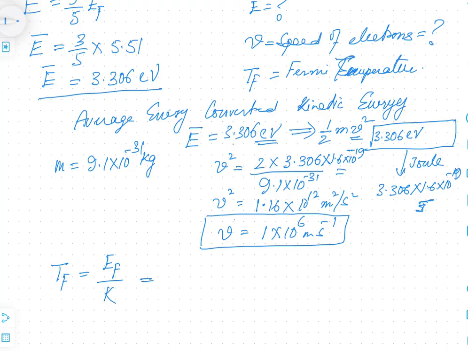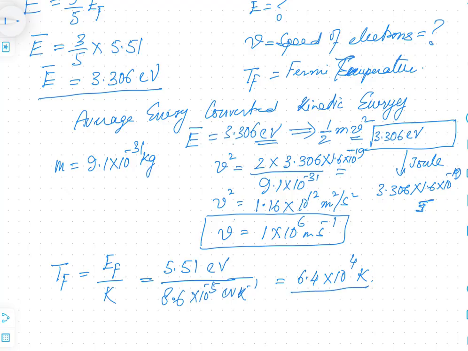The Fermi energy for silver is already given, electron volt, and if I consider the value of Boltzmann constant in electron volt, then I have 8.6 10 raised to minus 5 electron volt per Kelvin, and I get the value as 6.4 10 raised to 4 Kelvin. So that's the third part of the numerical. The Fermi temperature will be computed as 6.4 10 raised to 4 Kelvin.